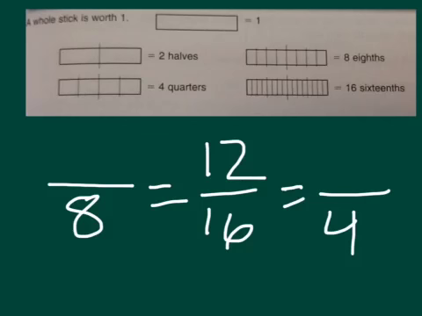I've got to count 1, 2, 3, 4, 5, 6, 7, 8, 9, 10, 11, 12, and I need to shade in all the way up to that. Oh, one more. There. All that shades in 12/16. So how many eighths does that equal?